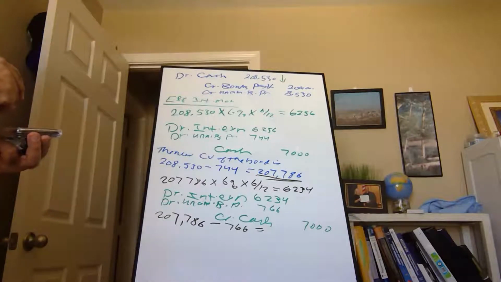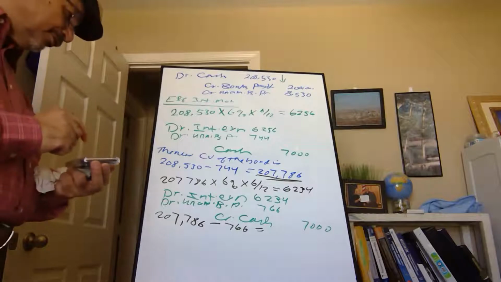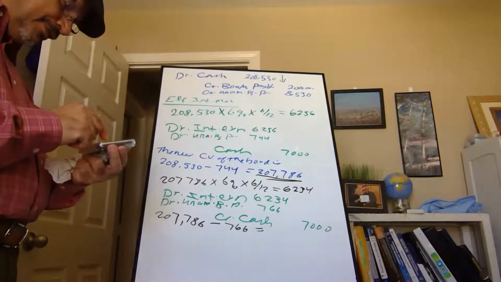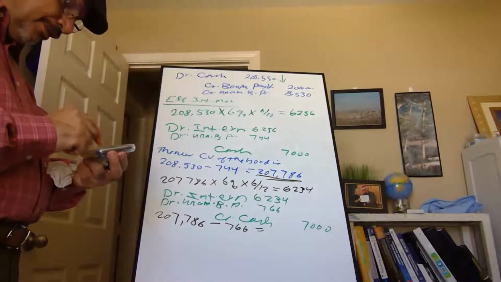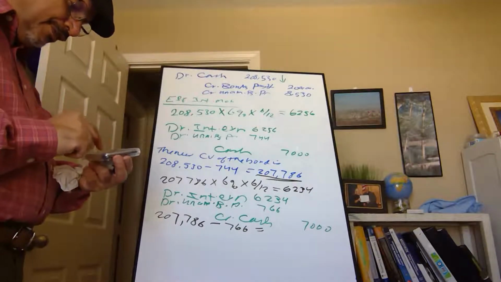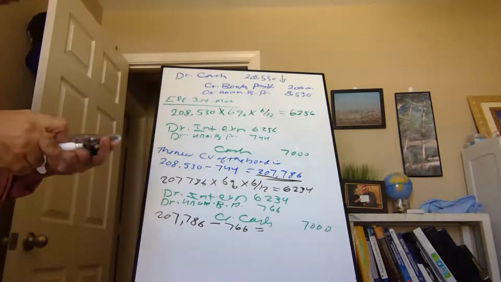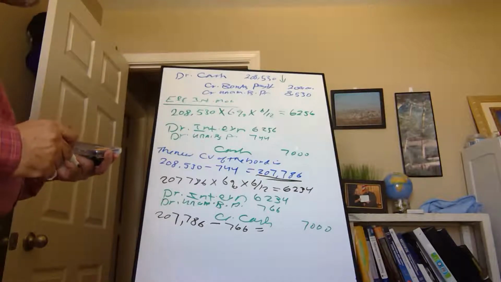Now wait a minute. Yeah, that's correct. 207,786 minus 766.